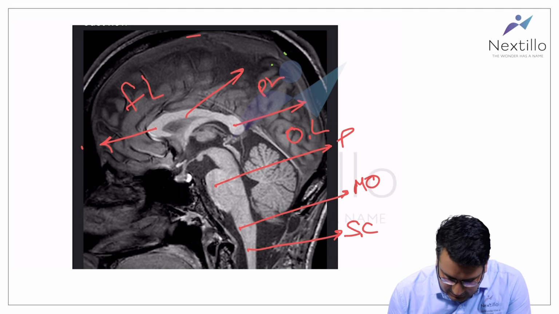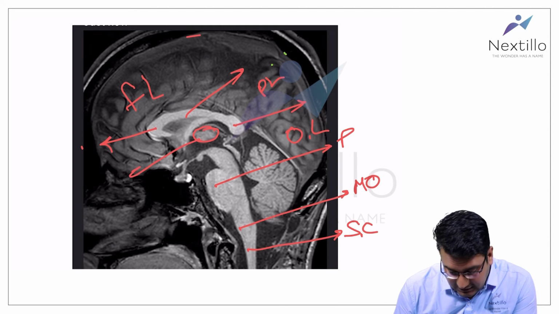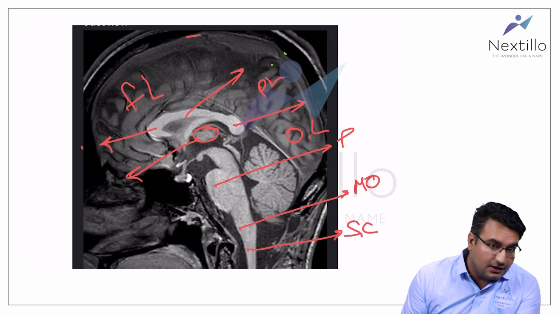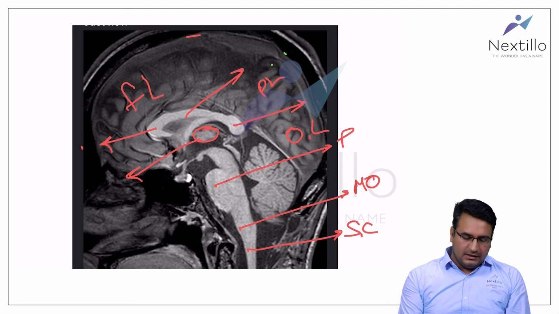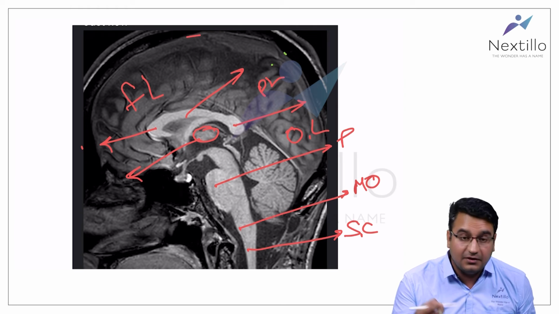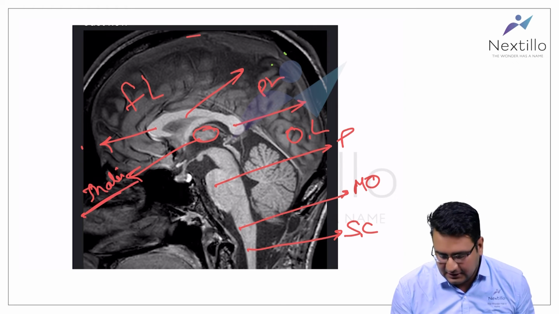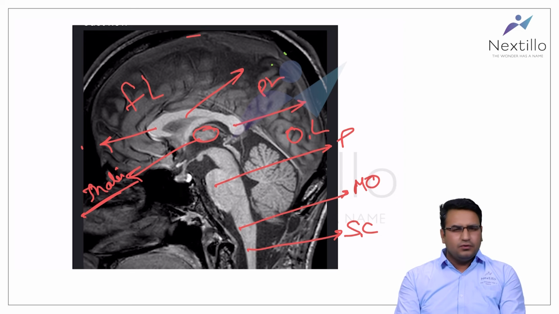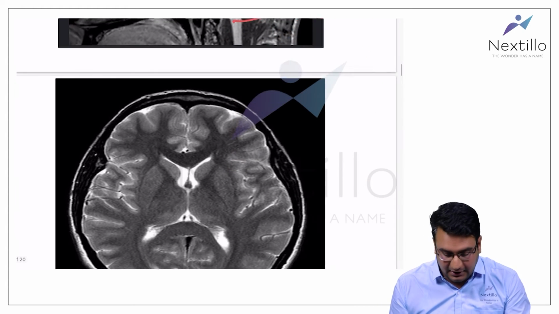Thalamus is generally not marked or asked in sagittal sections. That is actually asked in your axial sections. If asked in case, then mark it as thalamus. These are the potential questions that you are going to face frequently in your exams. I think the concepts are clear right now.